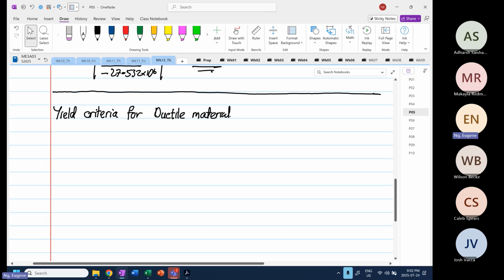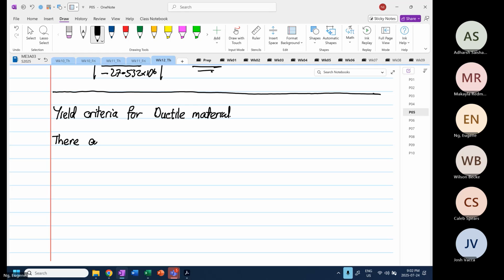There are two commonly used yield criteria for ductile material.